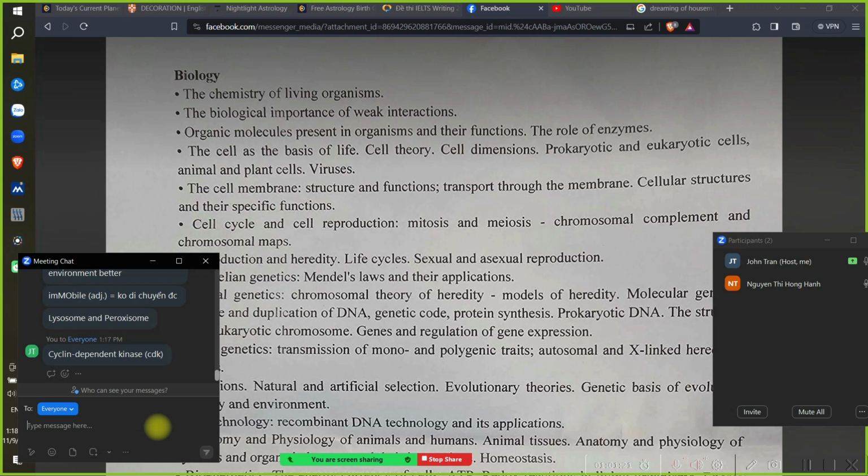And why are they so important? Because a cyclin-dependent kinase, CDK, is only active when it is bound to a specific cyclin.